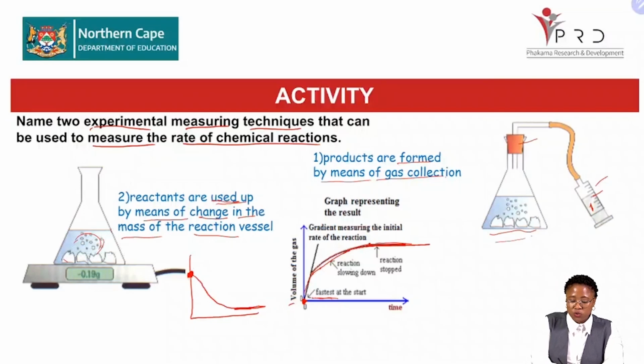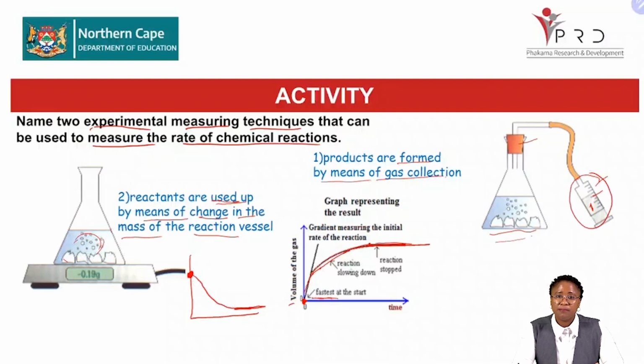All right. So as you can see, the 2 different graphs indicate the different ways in which the examiner could possibly ask this experimental type of question. One, it can be asked when products are formed by means of gas collection. When you see a syringe, you know that we are measuring the gas.